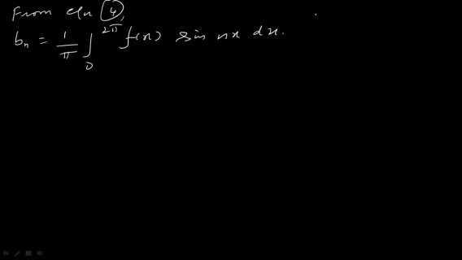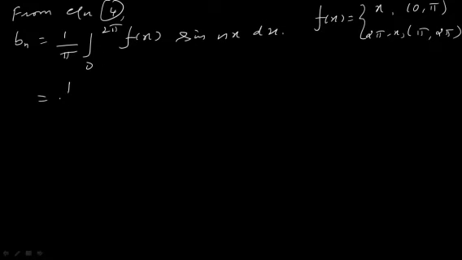As you know already, the given function is defined in two subintervals. The first subinterval is x, in the interval 0 comma pi, whereas in the interval pi comma 2 pi, it takes the value 2 pi minus x. So I am going to divide this integral into two parts. Integral 0 to pi and pi to 2 pi. Okay.